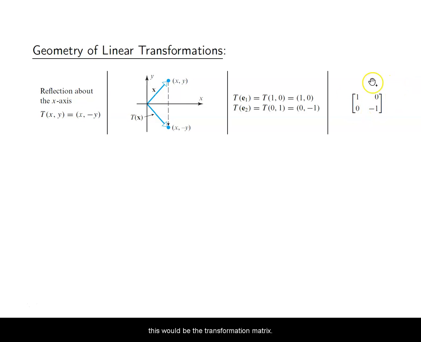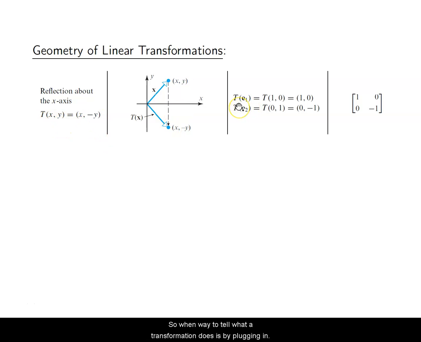So this would be the transformation matrix. My transformation would take something at (x, y) and flip it around because it's making the y negative. I'm going from over x and up y to now being over x and down y. That is the transformation compared to what I plugged in.